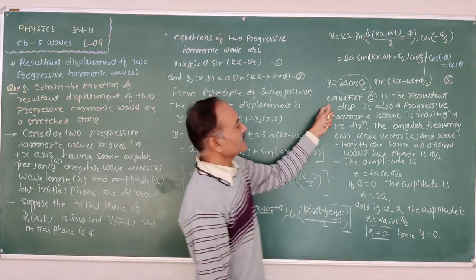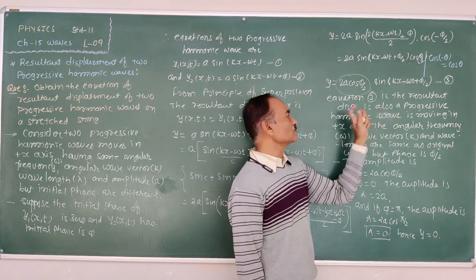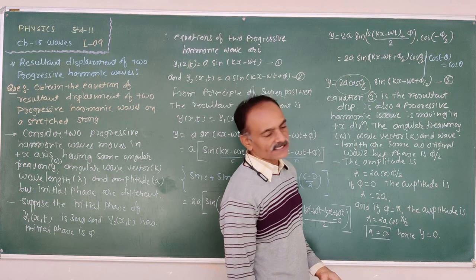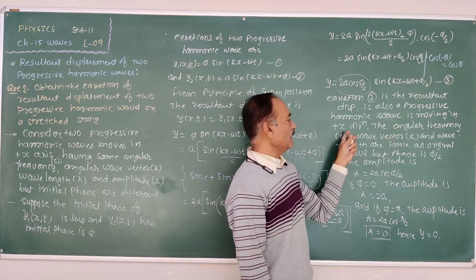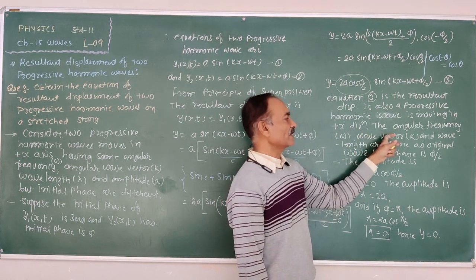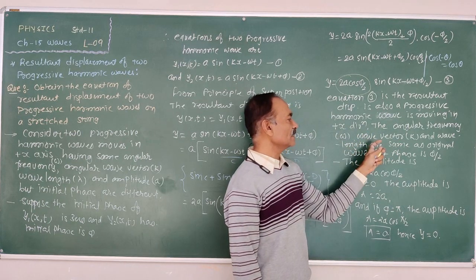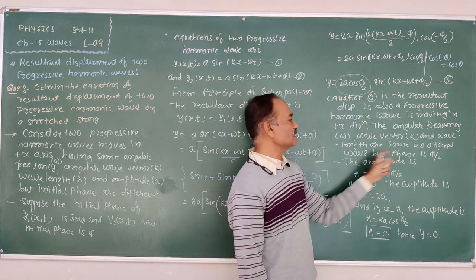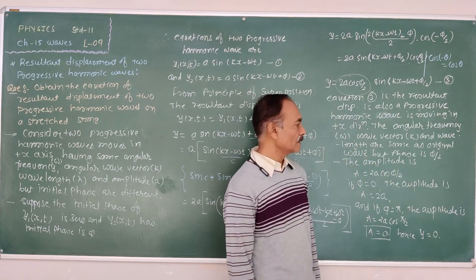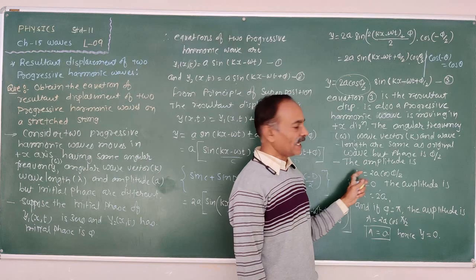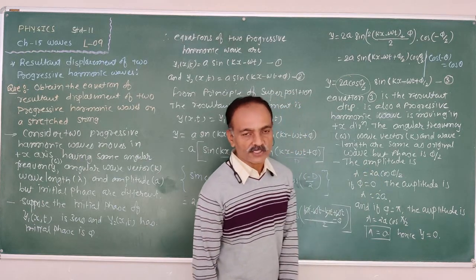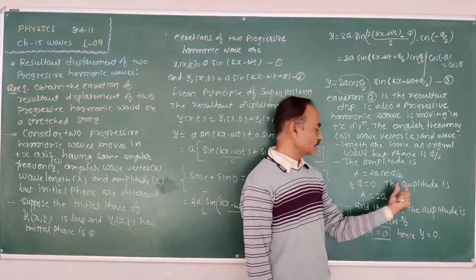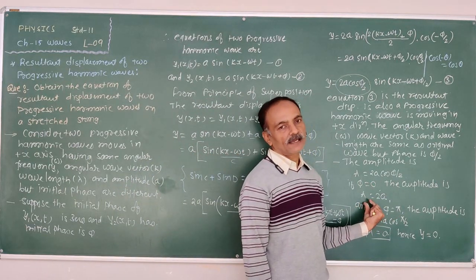Now, this equation 3, the resultant displacement, is also a progressive harmonic wave moving in the positive x direction. The angular frequency omega, wave vector k and wavelength are the same as the original wave, but the phase is phi by 2. The amplitude A is equal to 2a cos phi by 2. If the phase phi is equal to 0, the amplitude becomes 2a.